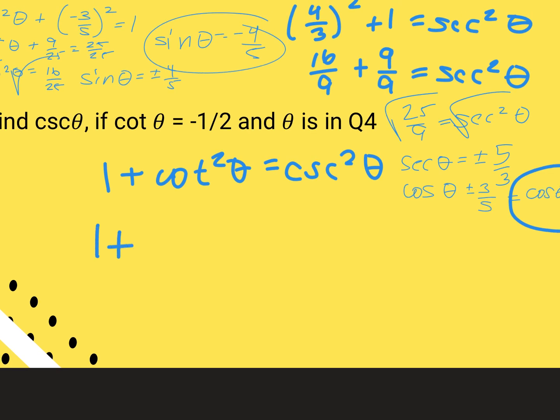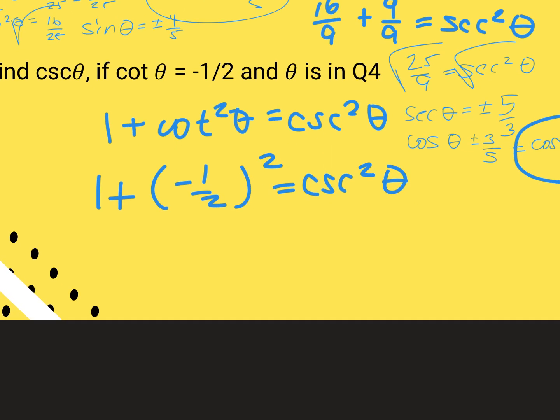Yes, so I have 1 plus, I'm going to take negative 1/2 and square it, and that's going to give me the cosecant squared. Guys, when you square negative 1/2, what do you get? Good. Can I change positive 1 to 4 over 4? Okay, so this becomes 5/4, right? Equals cosecant squared.